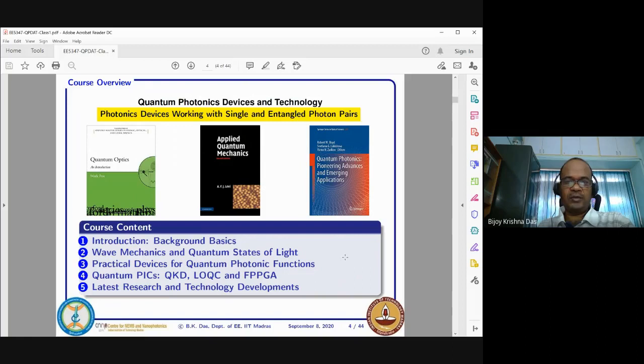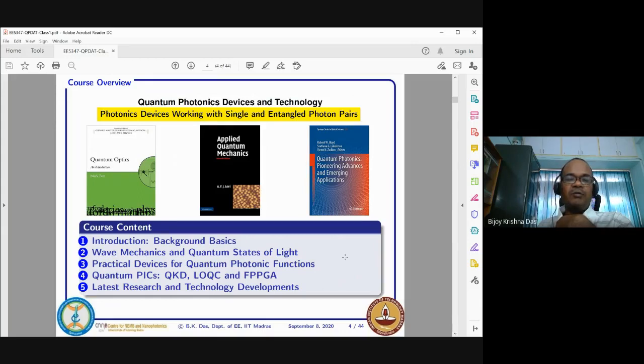We said that quantum photonic devices or technology is nothing but devices working with single and entangled photon pairs. Frankly speaking, whenever these photons are generated and detected, that is actually a perfect quantum mechanical phenomenon.